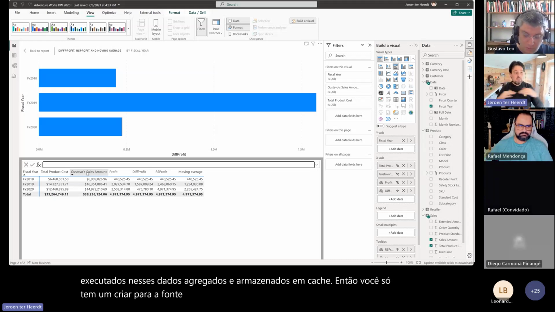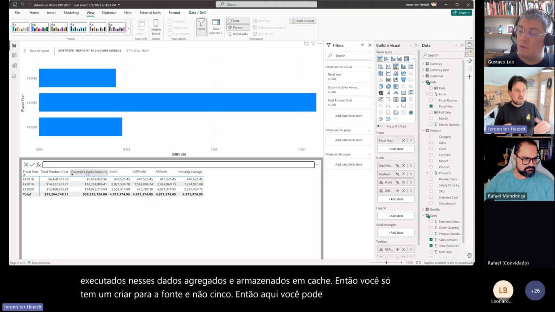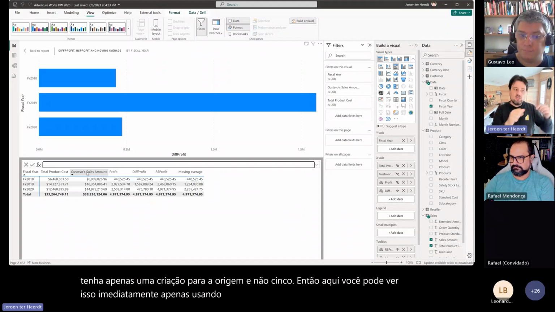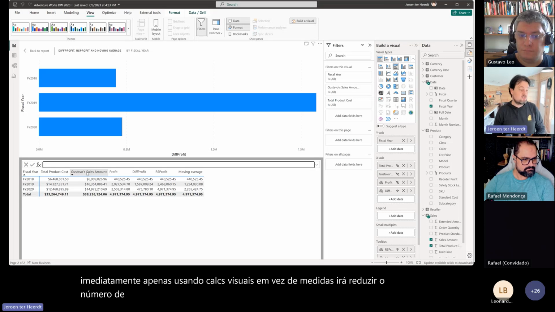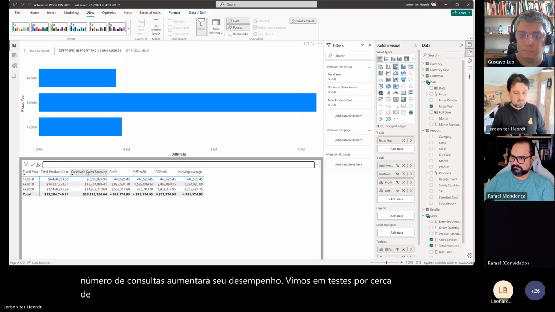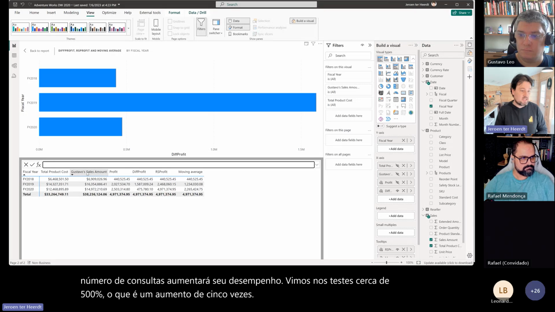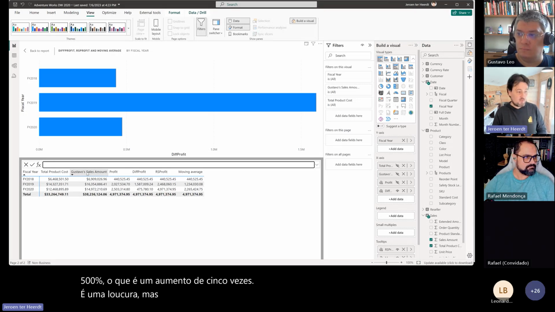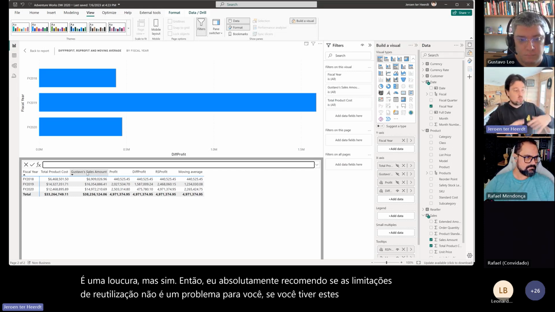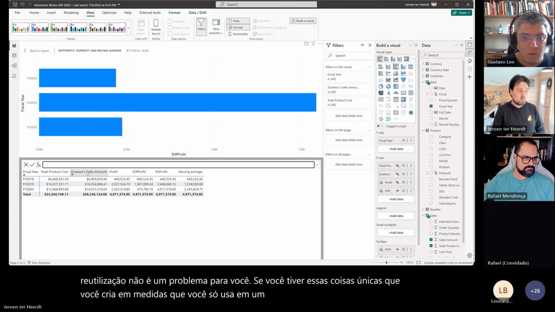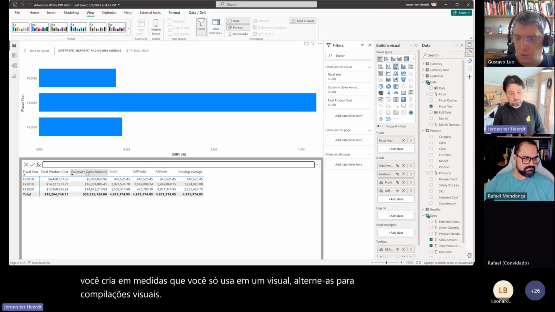So here you can see that just using Visual Calcs instead of measures will reduce the number of queries and increase your performance. We've seen in tests by about 500%, which is a 5-time increase. It's crazy, but yes. So I would absolutely recommend, if the reusability limitations are not a problem for you, if you have these one-off things that you build in measures that you only use in one visual, switch them to visual calculations. That's what I would do.